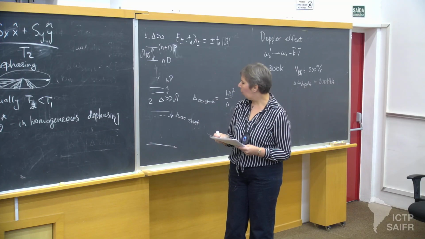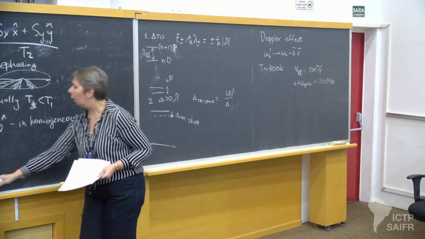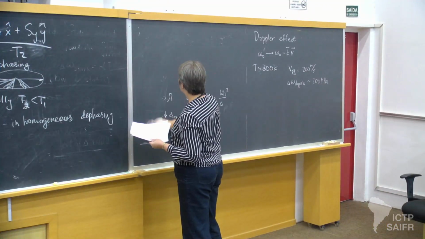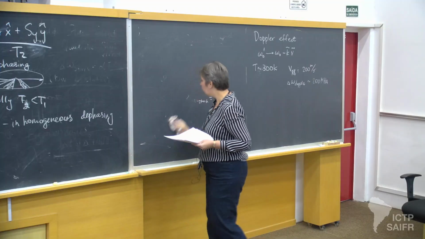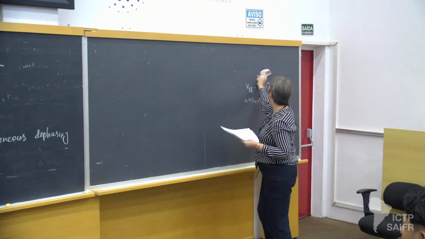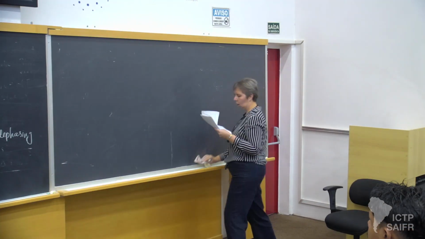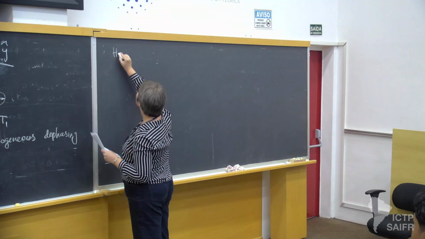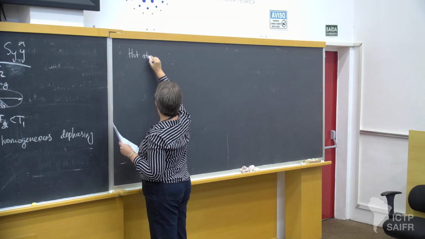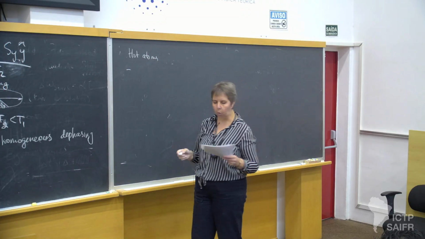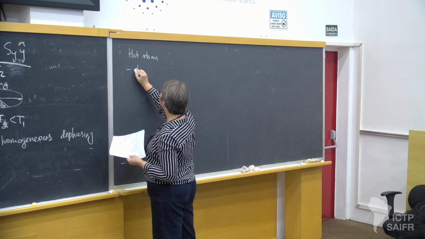There are actually quite many other effects which can create decoherence, and they will be more specific for different systems. For example, especially for hot atoms, one of the major decoherences in all of the optical sensors is transit broadening.